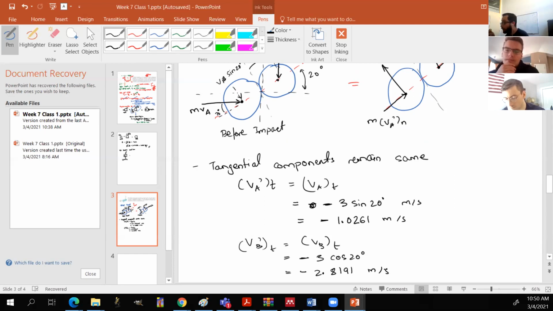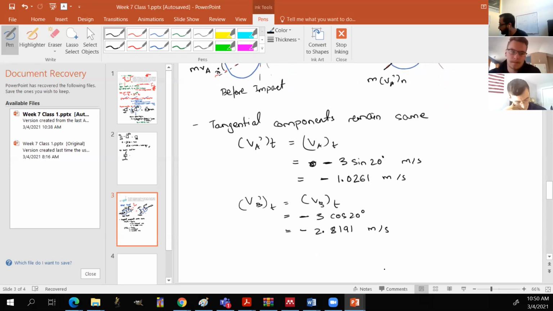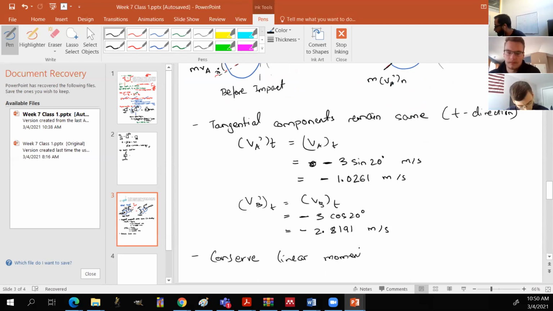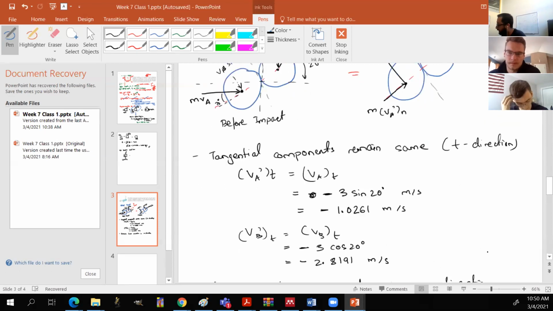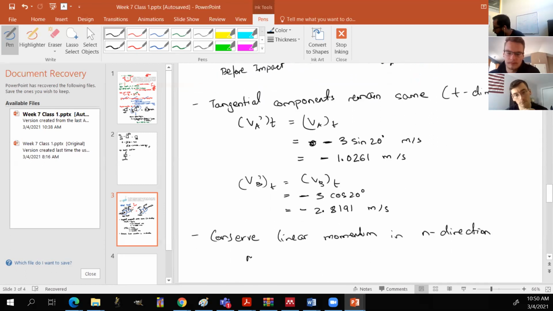And then you are conserving linear momentum along the normal direction. So this is your t direction. Conserve linear momentum in your n direction. Before impact, you'll have the positive component of VA in the positive n direction, so that's going to be cosine 20. So you get m VA cosine 20.